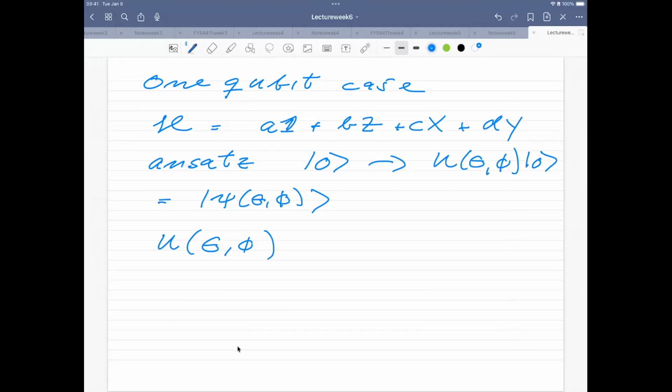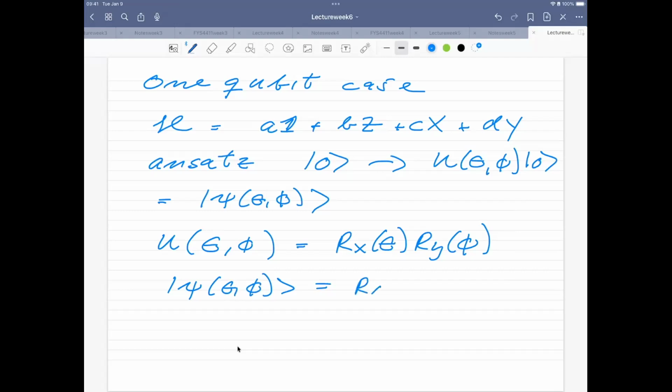Typically this one is given by some rotation. We can write this as a rotation around the x, y, and z axes. So we could have a rotation around the x-axis, a rotation around the y-axis. That means that the new state, psi of theta, phi, is simply given by Rx of theta multiplied with Ry of phi multiplied with 0, the initial state.